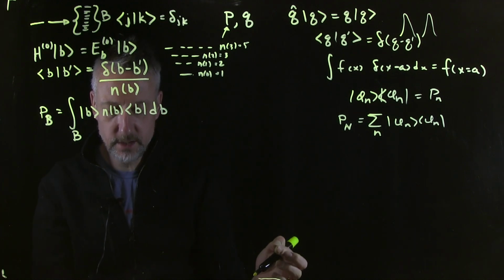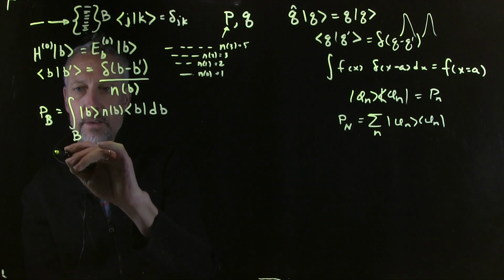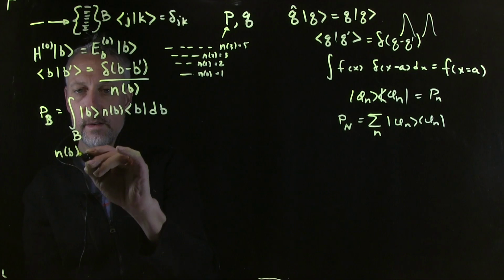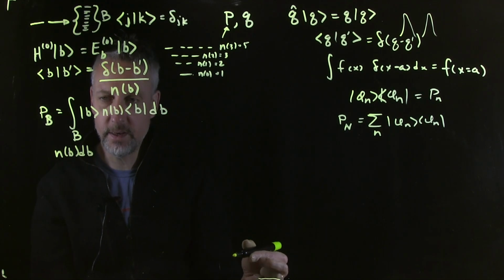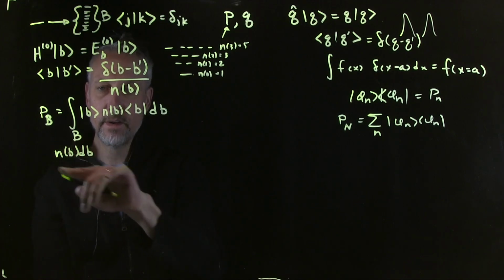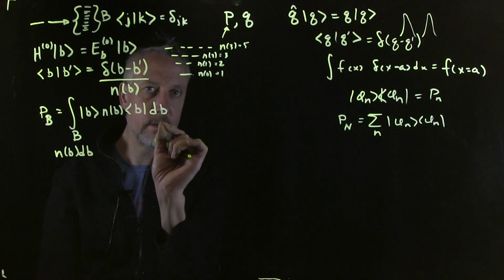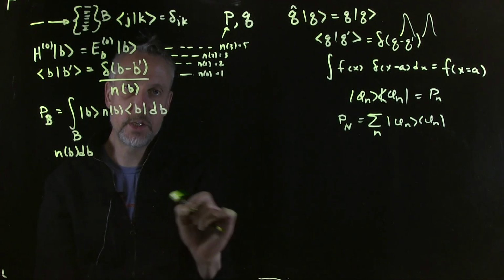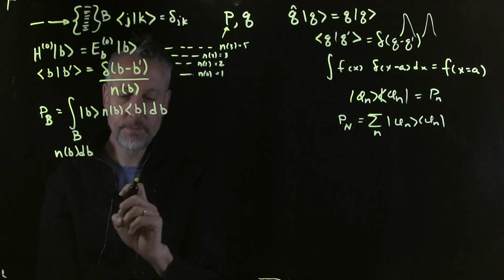And we're just going to use this sort of transformation, which is to say this N_B dB, almost like a volume element. This is the number of states B in the infinitesimally small region of energy, or of quantum state space B.